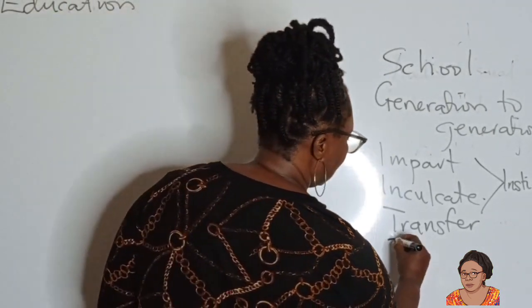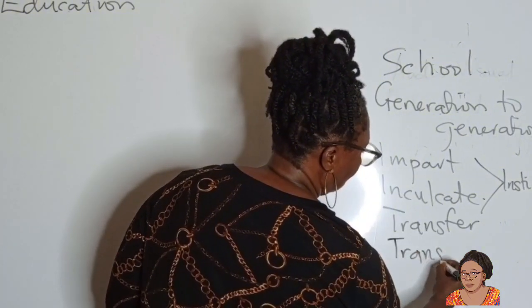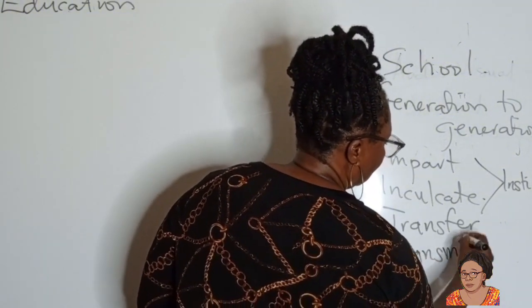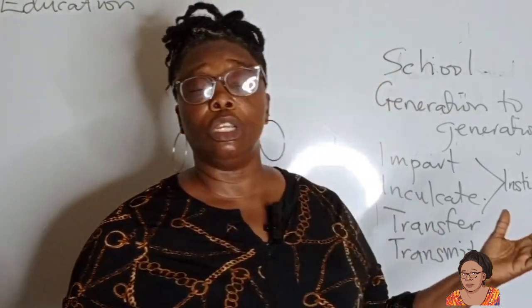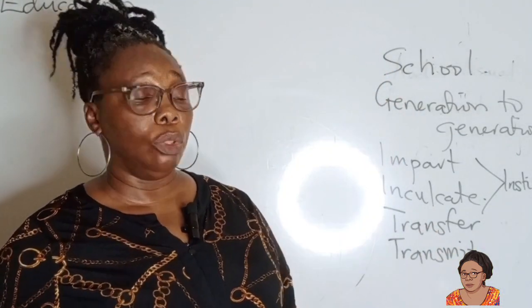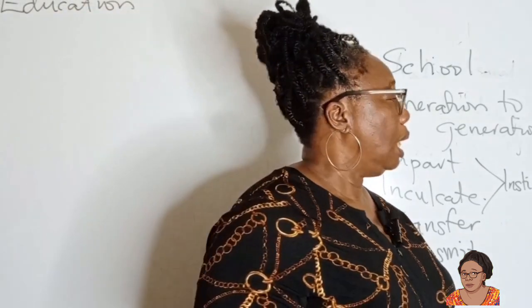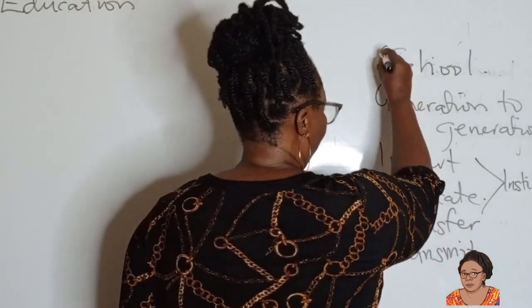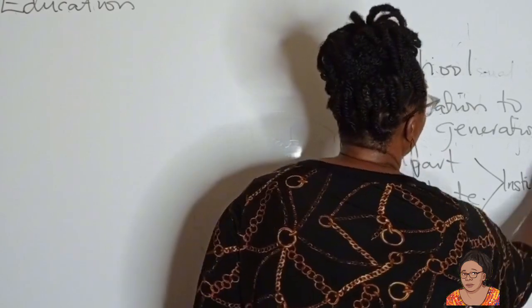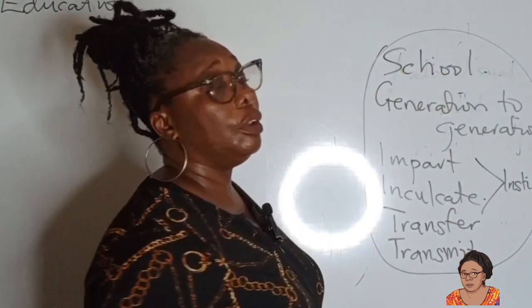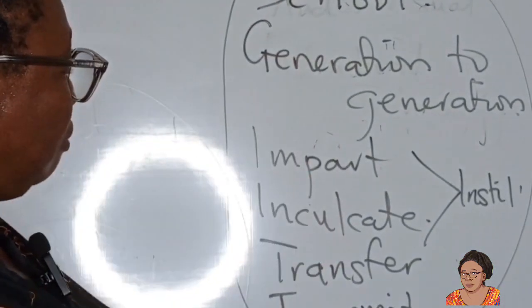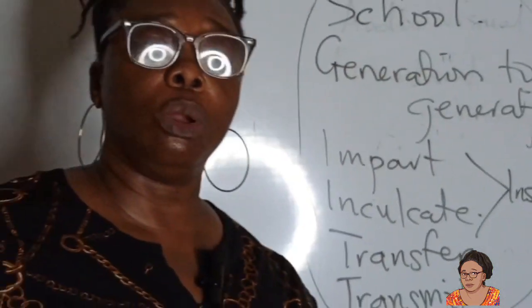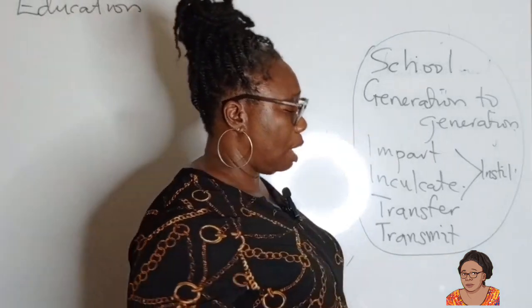And then we have transmit. Transmit means we're giving out knowledge. Is the process of education all about just giving out knowledge? No. So as much as possible, I will advise us in our definition of education to look for definitions that do not have these words. There might be a few other words not captured, but these words, we should try to avoid them.